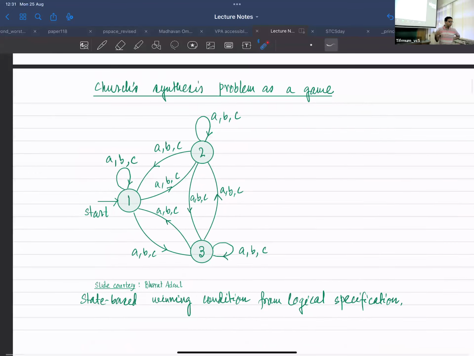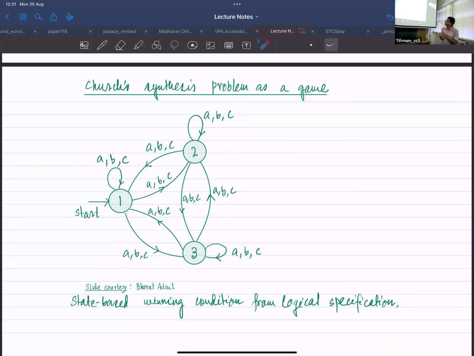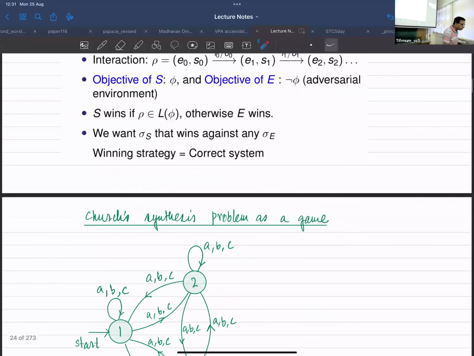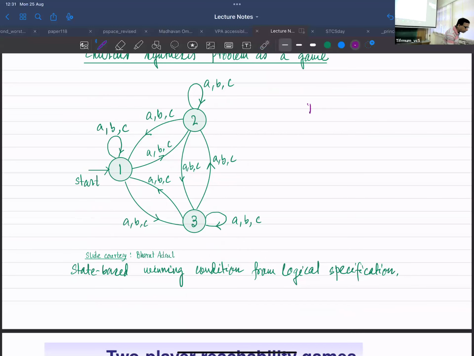And then this synthesis problem can be seen as a game. In what way? Let's say my input alphabet I is A, B, C, and my output alphabet O is 1, 2, 3. Whatever the input, my specification can be that I would like to see (1 1 2 2 3 3) omega.